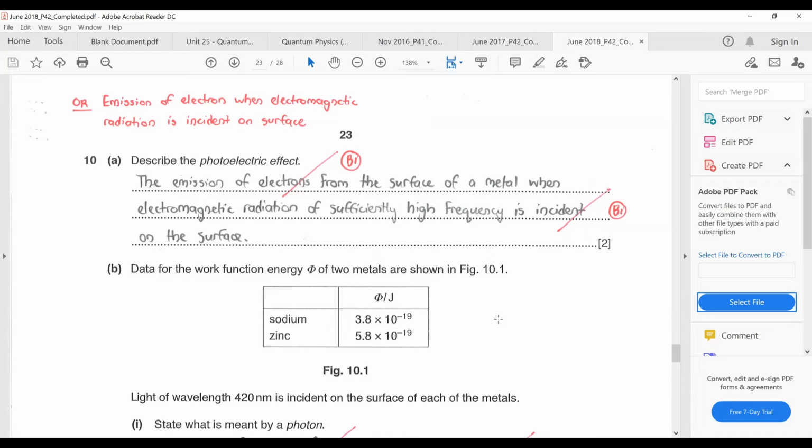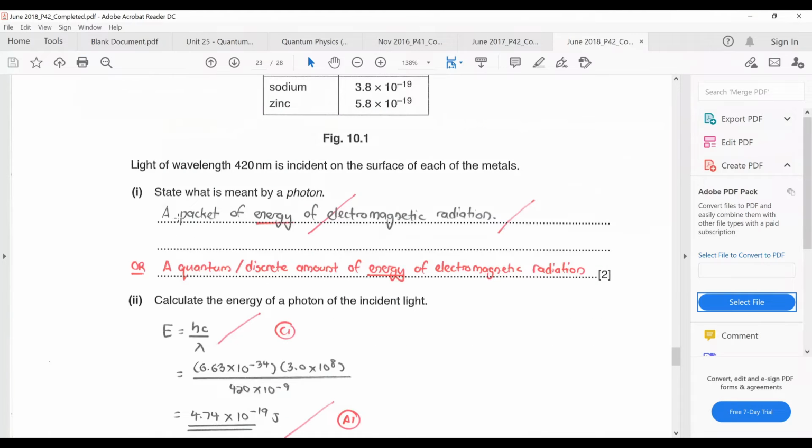Now then go to part B. Data for work function energy phi of two metals is as shown. Light of wavelength 420 nanometer is incident on the surface of each of the metals. State what is meant by a photon. Now, a photon is just a packet of energy of EM radiation.